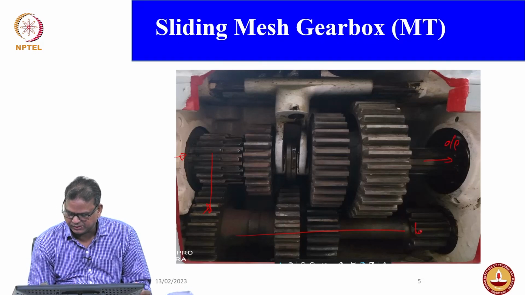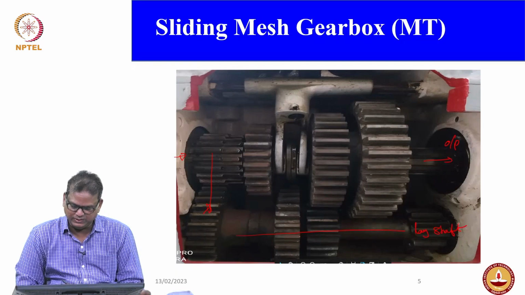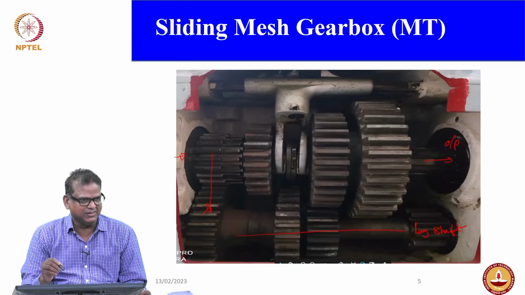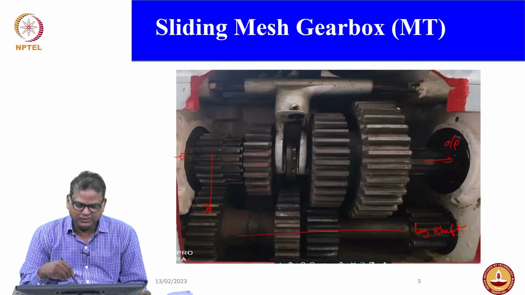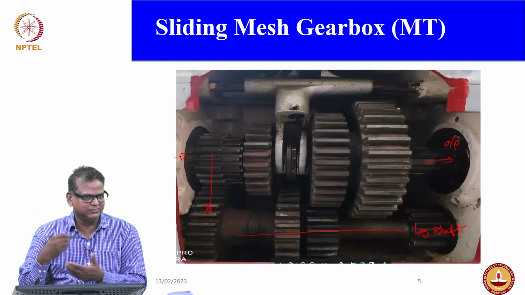This is your lay shaft, and please pay close attention. This is sliding mesh again, spur gear. If you look at the teeth arrangement, which one is the first gear, which is second, third and fourth? The larger one is the first gear.